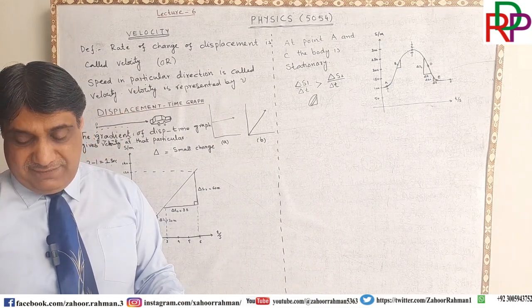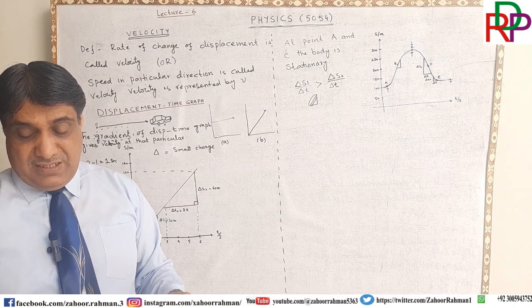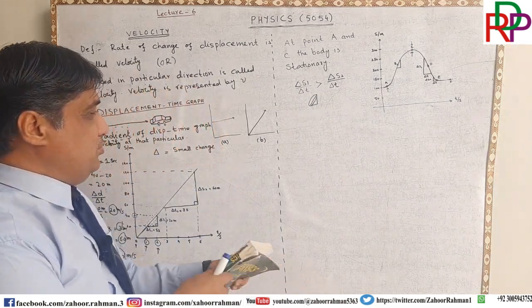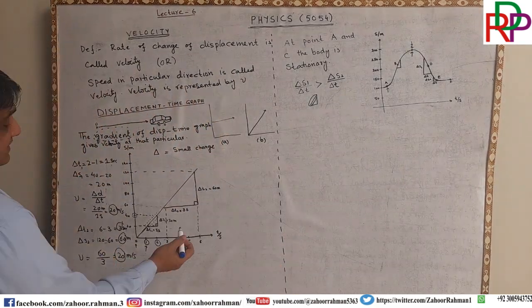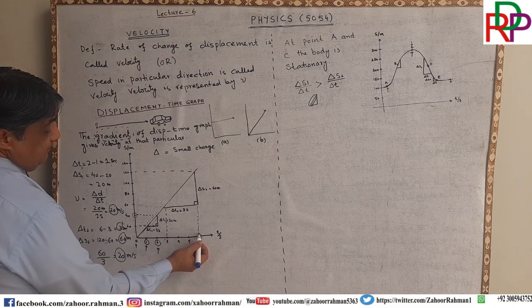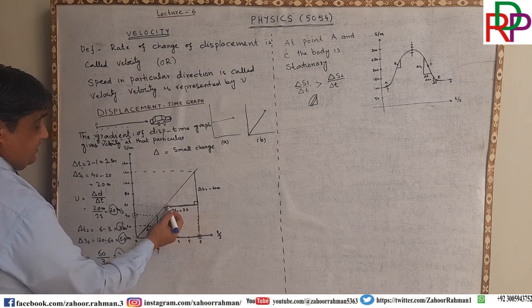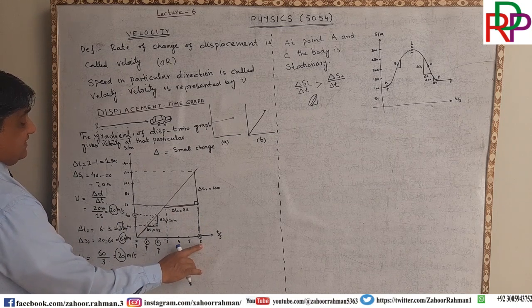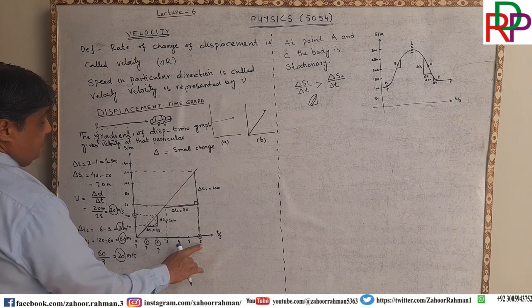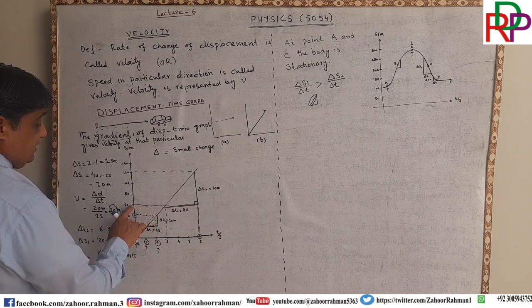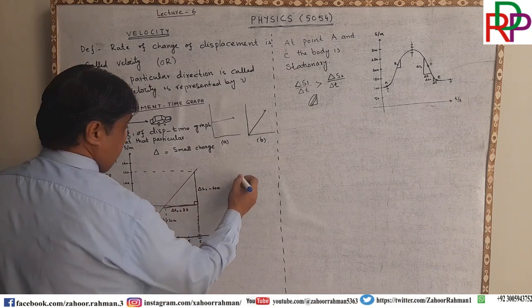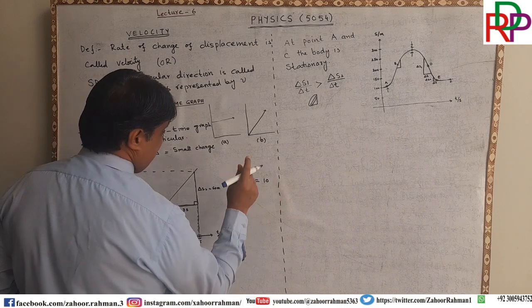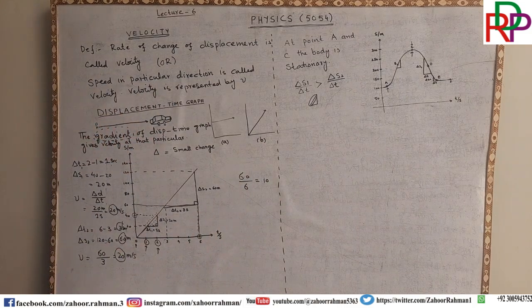At t equal to 6, for example, in this case, if this is having 60 at 6 seconds, the displacement is 60, then it means 60 divided by 6 is equal to 10. That is the velocity.